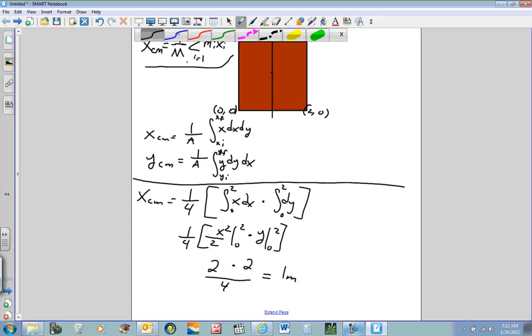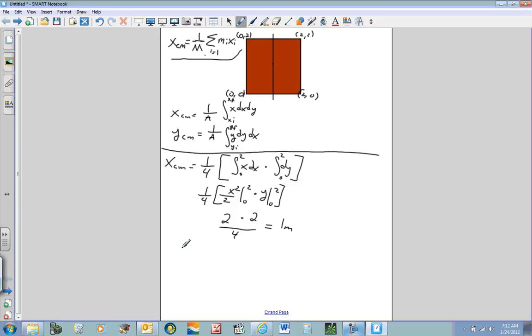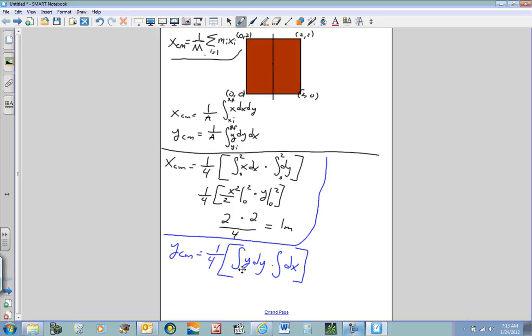Now let's go and find the y center of mass. The y center of mass is going to equal 1 over 4, parentheses, the integration of y dy times the integration of dx. This is from 0 to 2, and that's from 0 to 2.